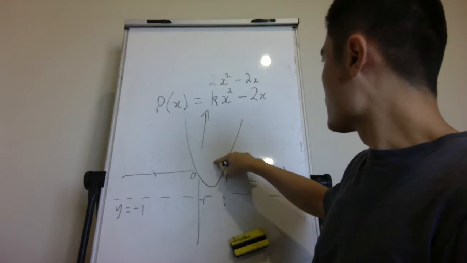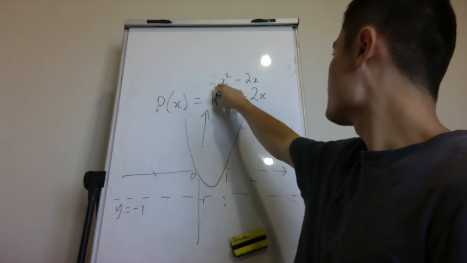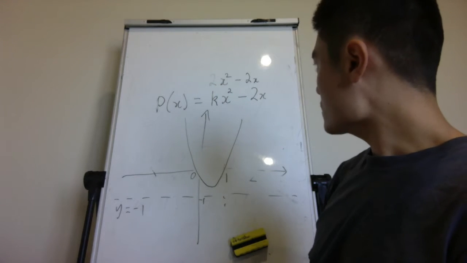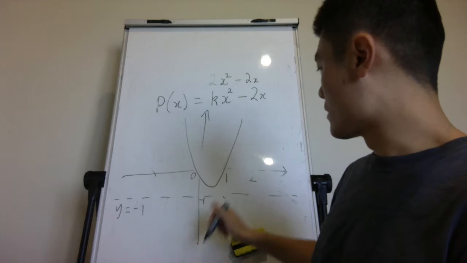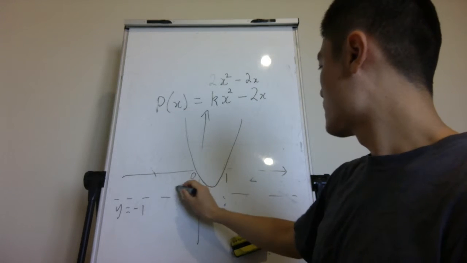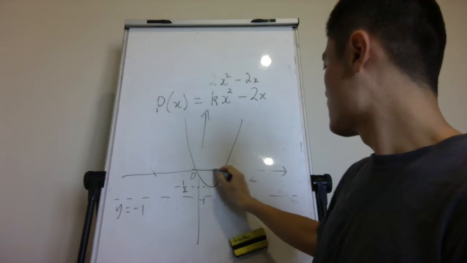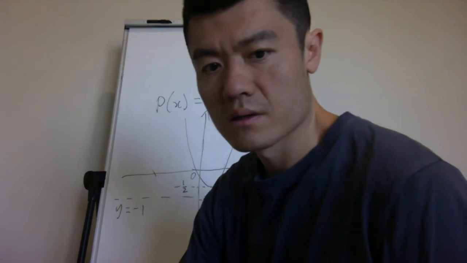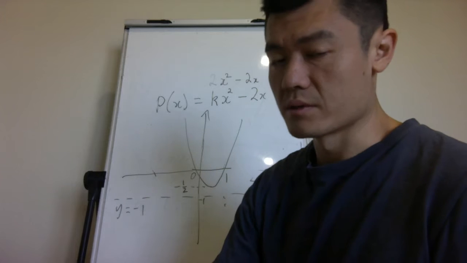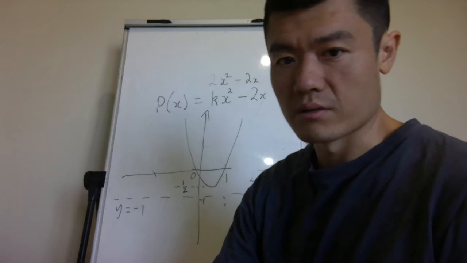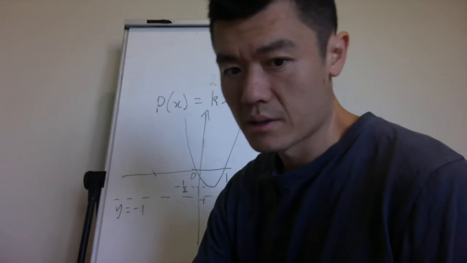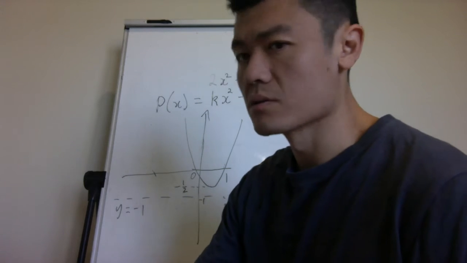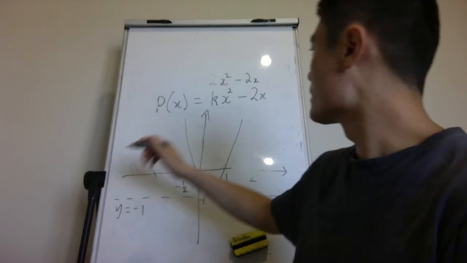And the minimum occurs at a half, which will give you negative a half. So k equals 2 works. Okay? So the answer could be just basically all the k that are strictly greater than 1, or something like that. So that's a good guide to have when you're solving it.